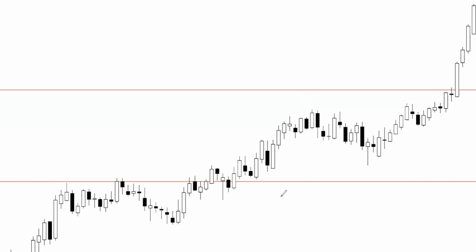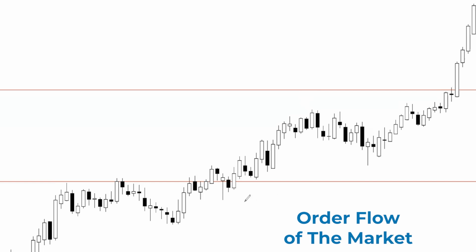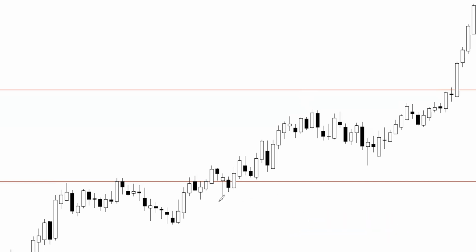It shows the current order flow of the market. In this case, again, we can see the sellers push prices down here. The buyers came back in and they closed price above the open of the price, making it a very dominant bullish pin bar.